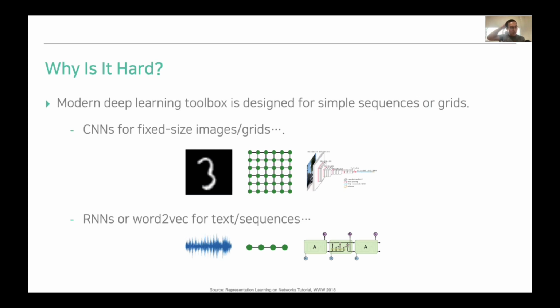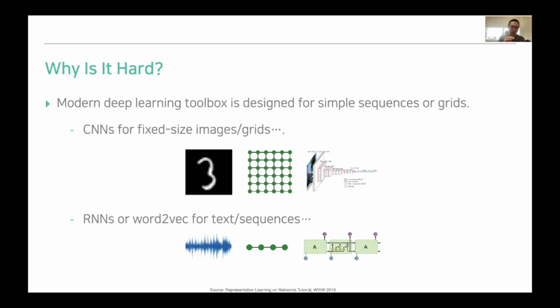For example, in an image, we have a three digit in this example, and it clearly has left and right and up and down information.